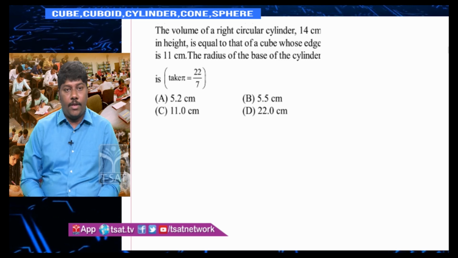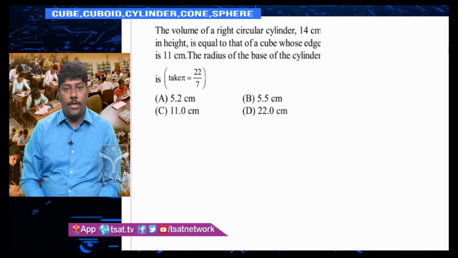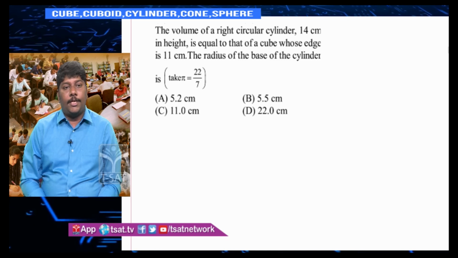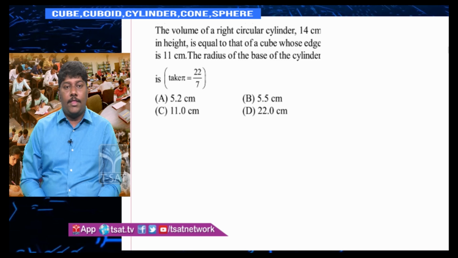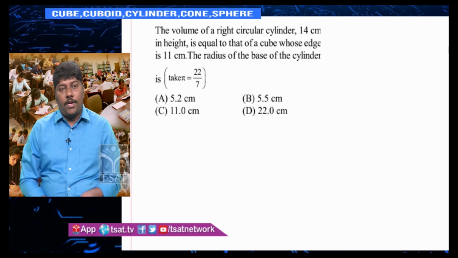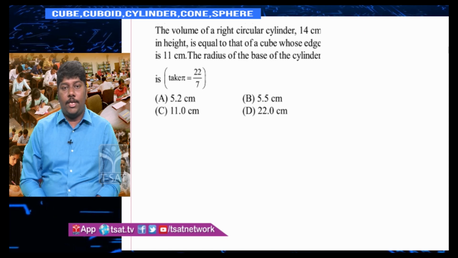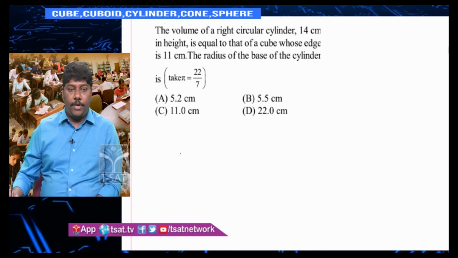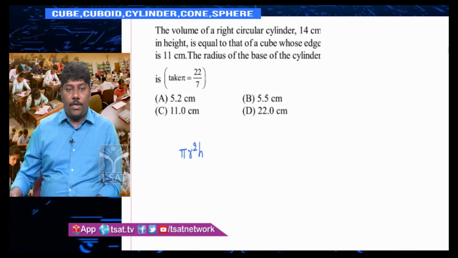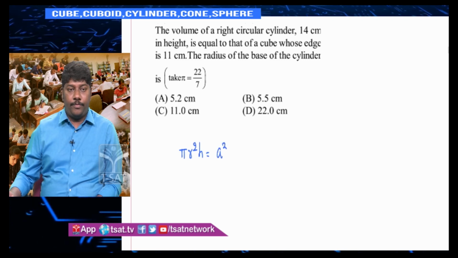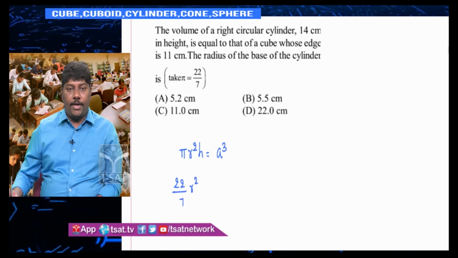The next one, the volume of the right circular cylinder. Now this is a cylinder and a cube. A right circular cylinder 14 centimeter in height is equal to that of a cube whose edge is 11. The radius of the base of the cylinder. He is equating the volume of a cylinder to the volume of the cube, and he is asking you the radius of the base. So equate both the volumes. Pi R square h is equal to A cube. Pi means 22 by 7. R square, let it be R square.